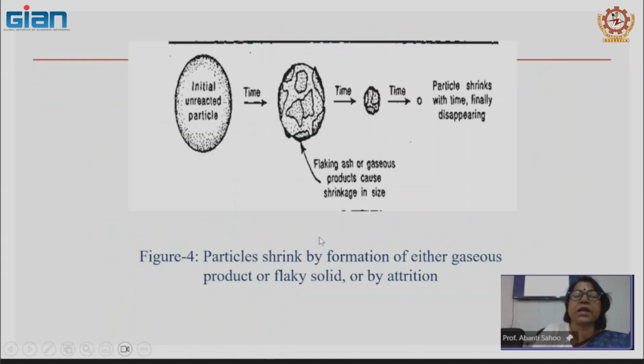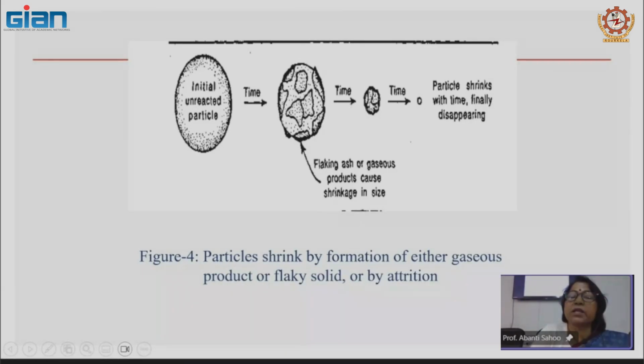Next slide. Here is the initial unreacted particle, and in this shrinking core model, when the gaseous reactant comes in contact with the solid particle, initially the reaction takes place at this boundary, then it gradually moves. Finally, flaking ash will be forming, meaning the ash product will be forming. When the gaseous product along with the gaseous reactant diffuses further, the reaction rate may increase.